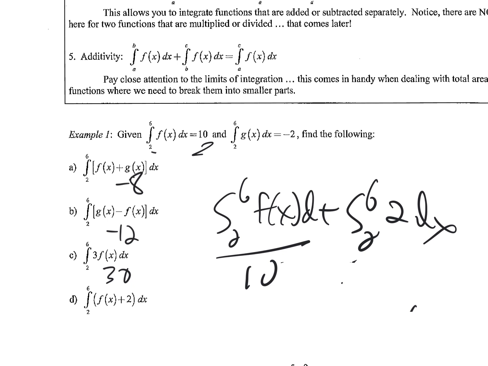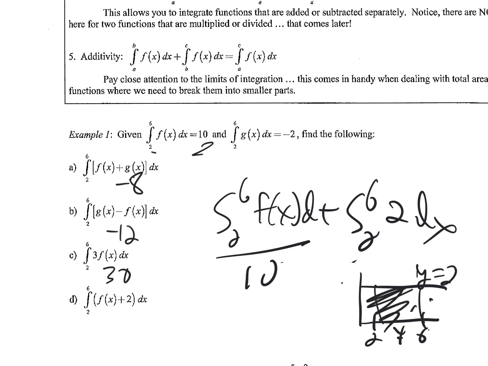All we're really doing is thinking: we're going from 2 to 6, and this is the line y equals 2. So that's a distance of 4, and 4 times 2 is 8. So this will be 10 plus 8, which is 18.